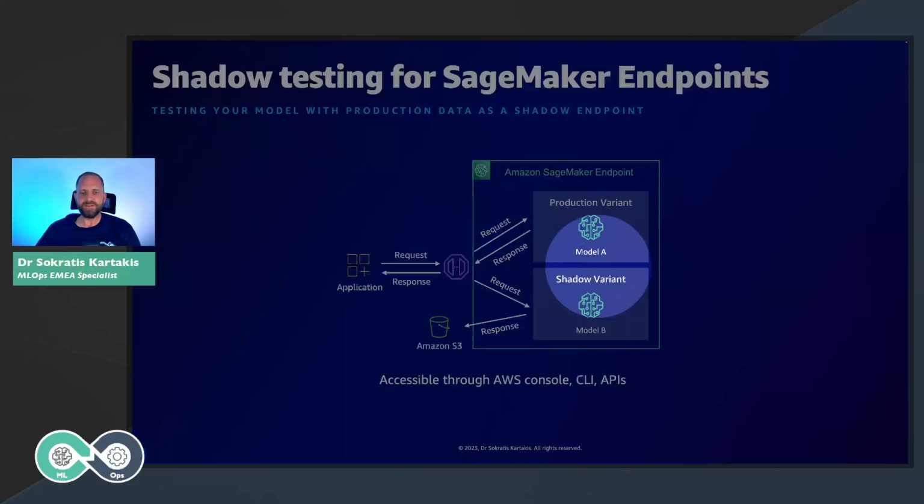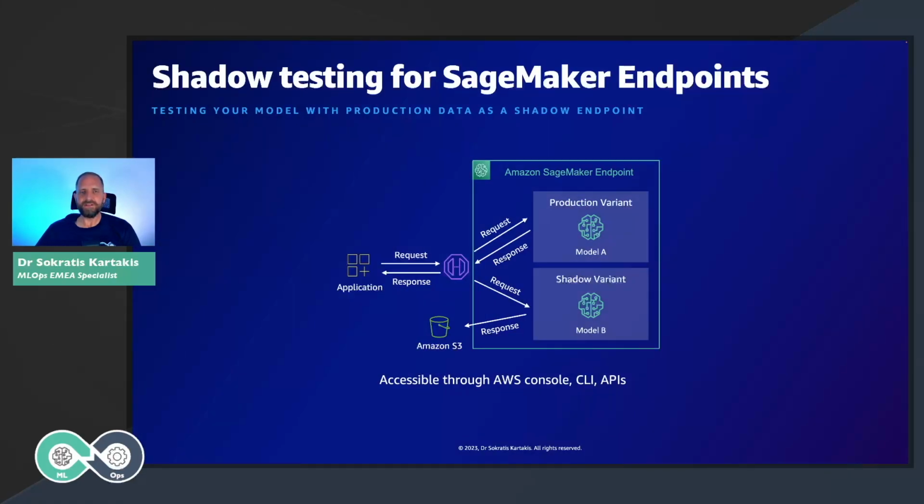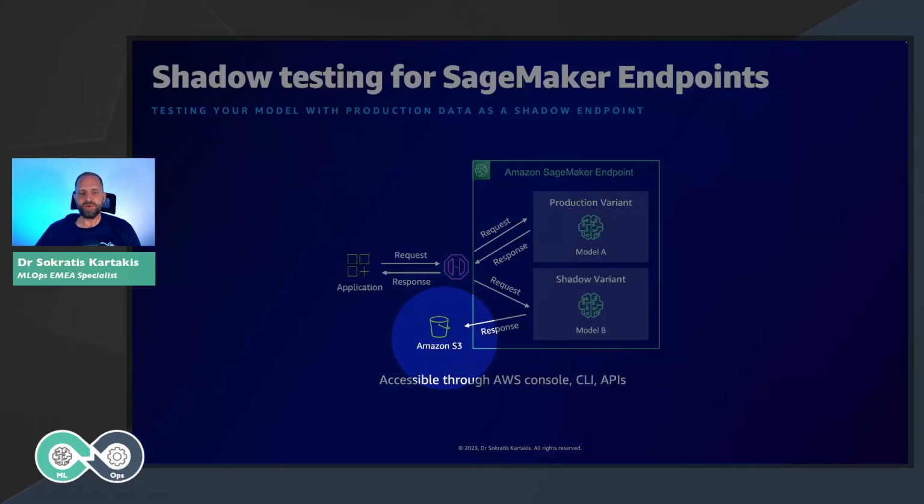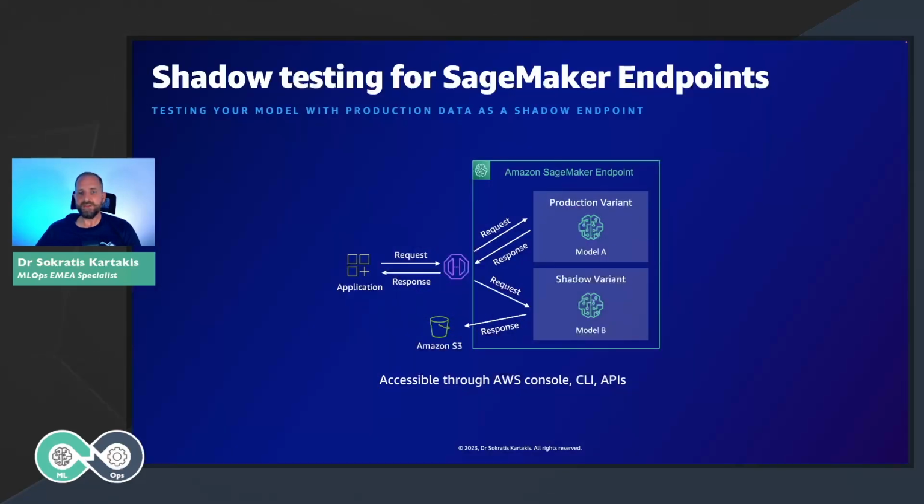The difference is, instead of sending the responses back to the application, the shadow variant sends the response back to an S3 bucket. This way, the data scientists and ML engineers are able to go into this bucket and check the performance of the shadow variant. Very important service to make sure that everything is robust and your model performs well before you productionize that.